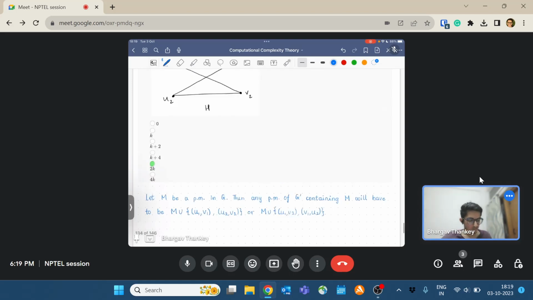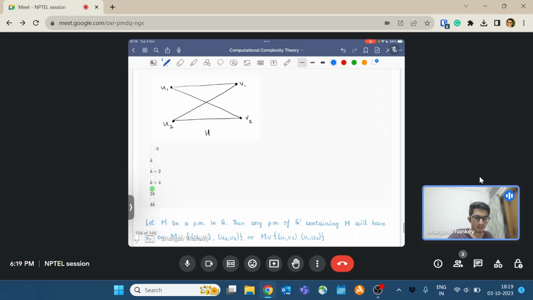So starting from a matching M of G, we can construct these two matchings of G prime.